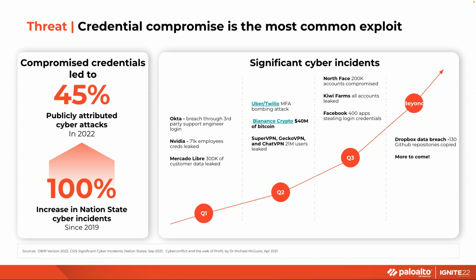If we look at the Twilio and Uber breach, it was an MFA bombing attack, where the attacker bypassed the MFA challenge, and then we see this common threat across the board, across all networks today. And we expect many more, as the holiday season is the most exploited time of the year, targeted specifically because of the increase in holiday sales and also the limited workforce due to vacation schedules. So we expect more attacks to happen this year.